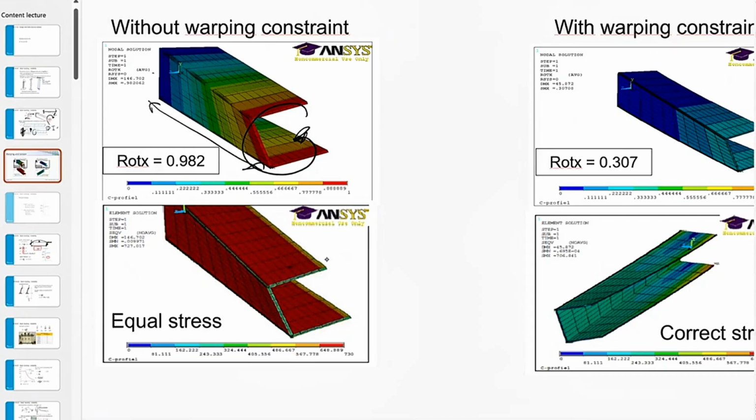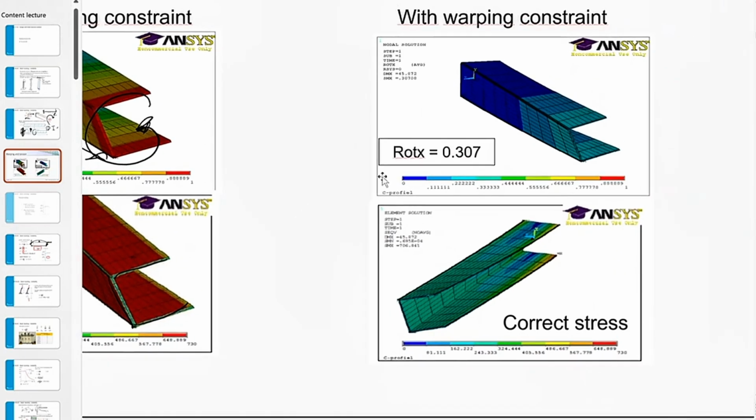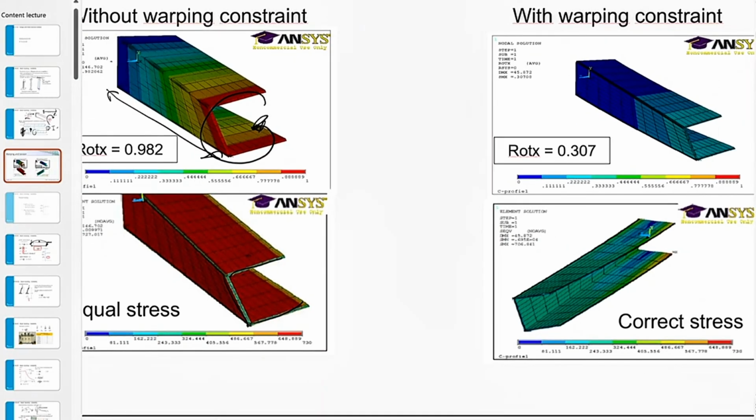And then the stress is, of course, only due to the Saint-Venant stress due to torsion. But if we take into account the warping constraint, then you see first of all that the stiffness is 3 times higher. And if you look at the stresses, you see why.